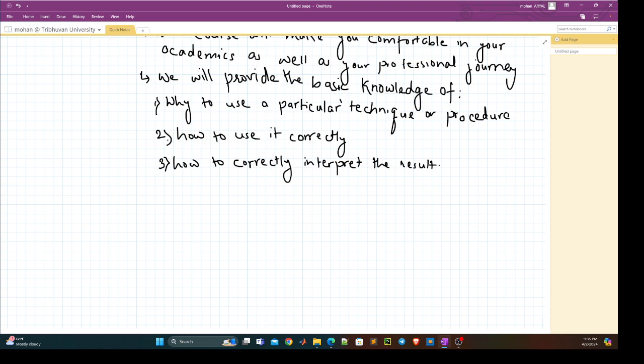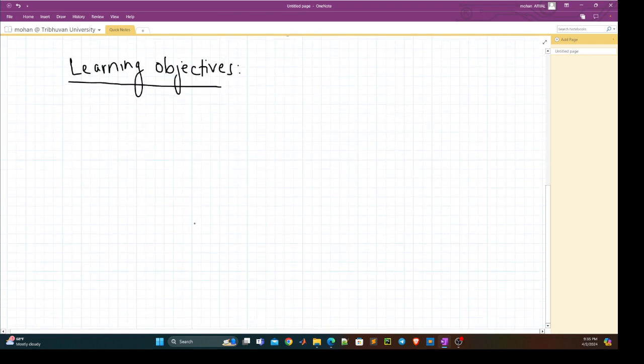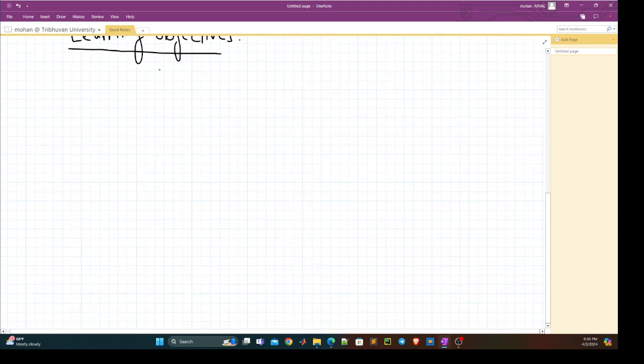In this course we are going to see our learning objectives. Our first objective is to define data and its importance. What is data and why it is so important?